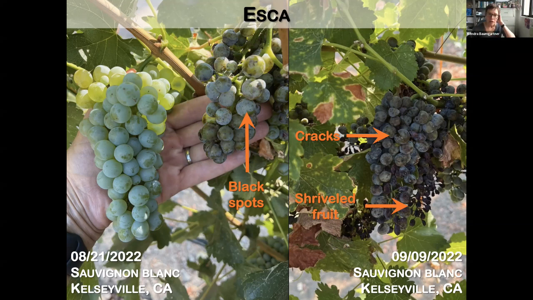And so often what growers will do in vineyards with ESCA is before harvest, they'll go through and physically cut out the symptomatic clusters. So those don't get harvested in the mix with the healthy clusters. But there isn't really a clear understanding of exactly how bad these spotted clusters affect wine quality.